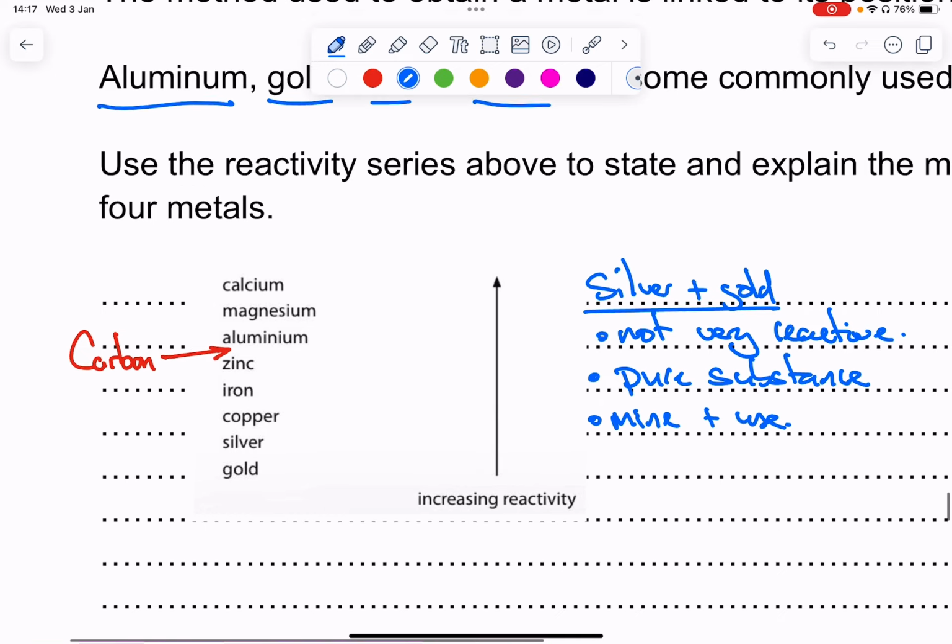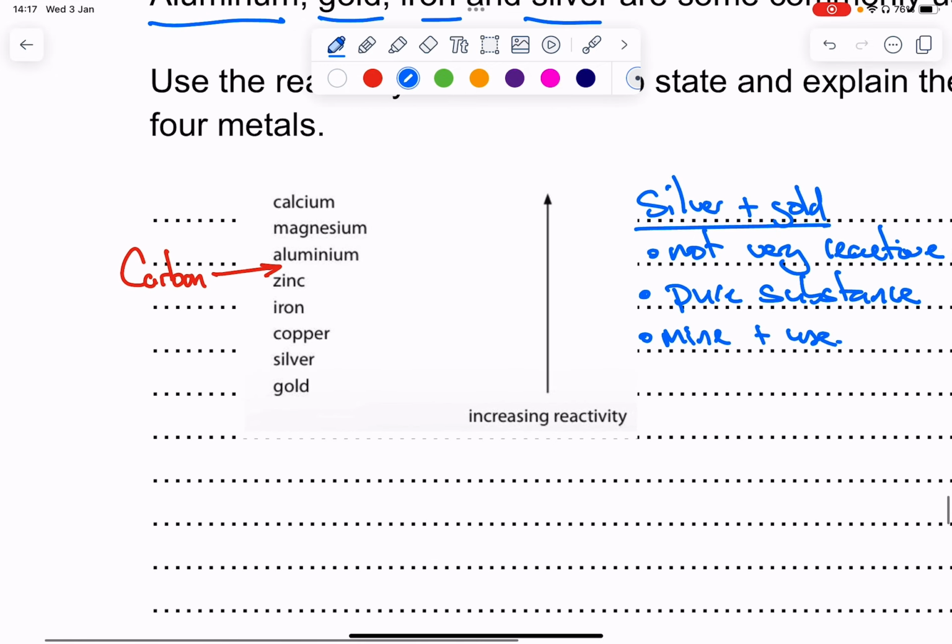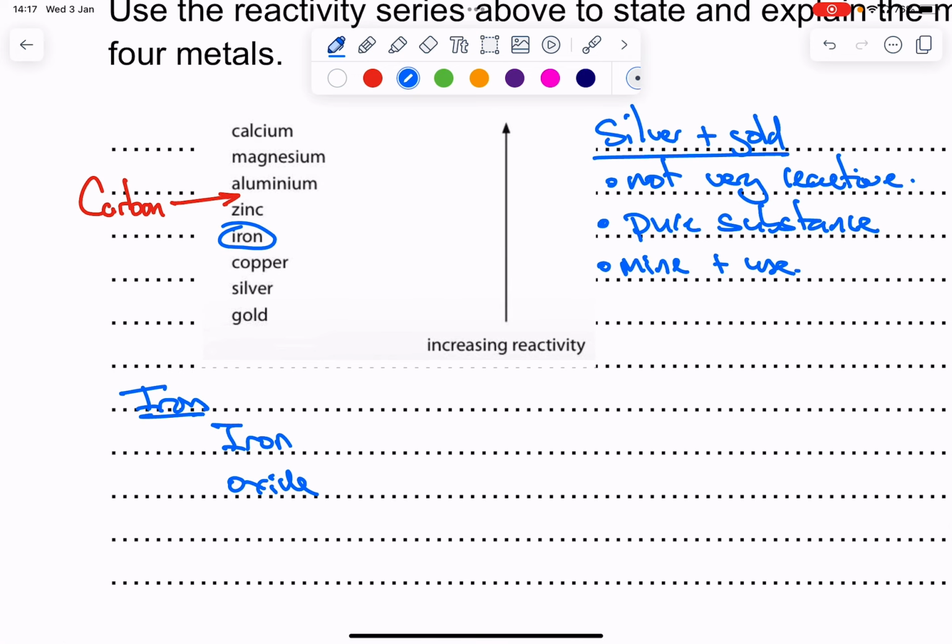If we now pick on iron, that was one that's been listed in there, okay? You can see iron is just below carbon in the reactivity series. So iron would normally, when we mine it, be found as iron oxide. So for me to make the iron from this, I'm going to react it with carbon because carbon is more reactive than iron.